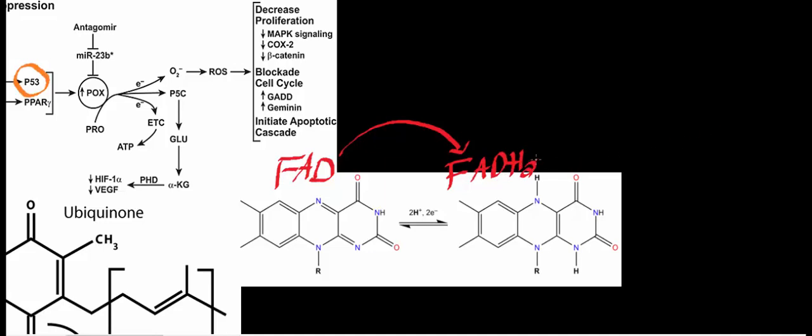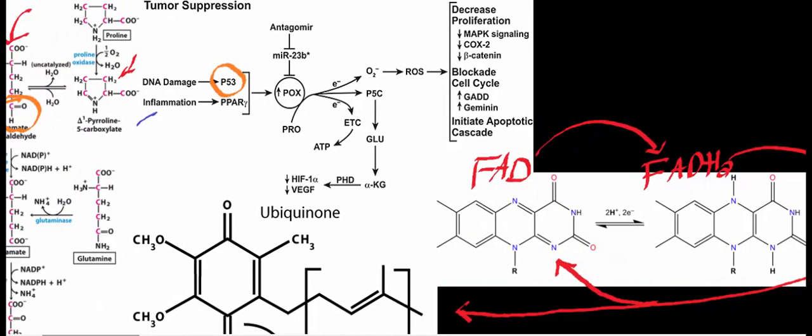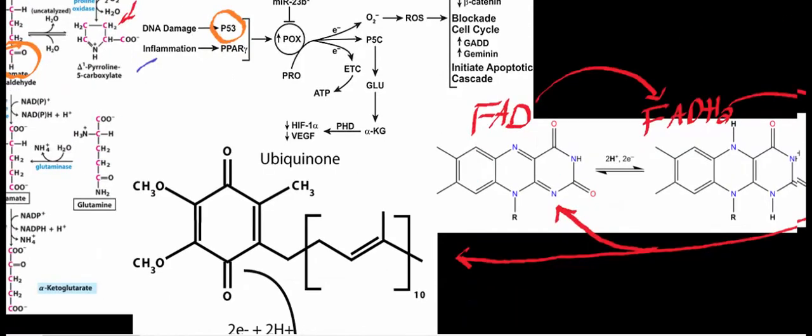And those electrons from FADH2 are then going to be shunted into ubiquinone, and in the process it'll reoxidize FADH2 back to FAD. So in the process of this electron transfer, we should get those electrons going into ubiquinone, which is one possible terminal electron acceptor.